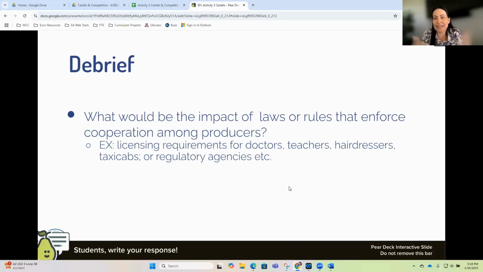So not just anybody can hang out a sign and say, I'm a doctor. But is it really that important for massage therapists, hair braiders? Probably not. And what that ends up doing is restricting the output in those markets, and prices are higher.